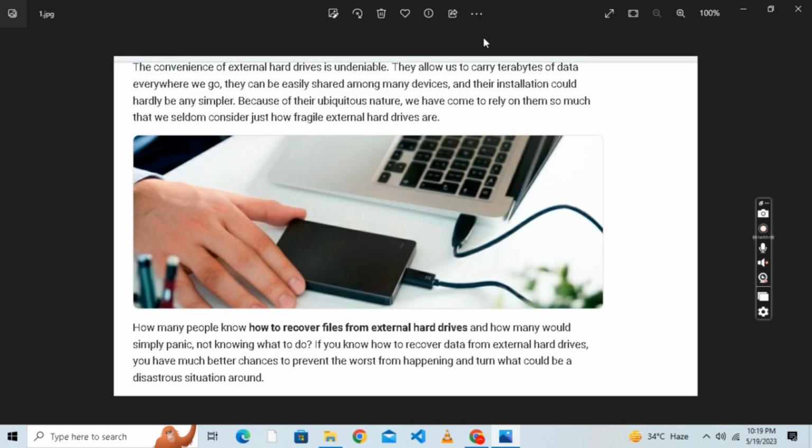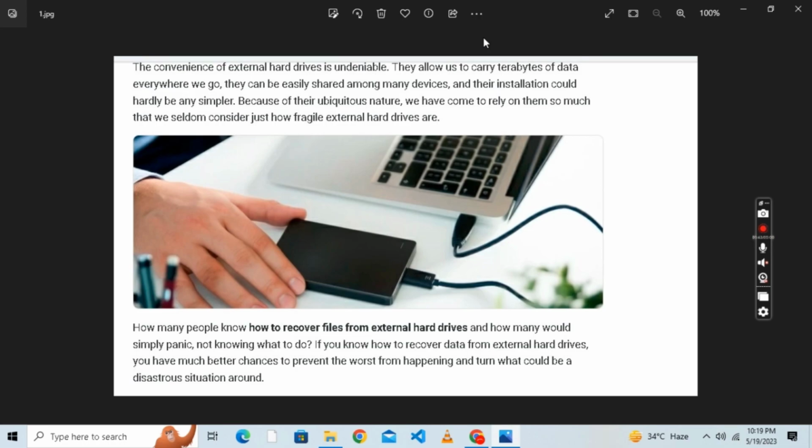Look at the picture. How many people know how to recover files from external hard drives, and how many would simply panic, not knowing what to do?